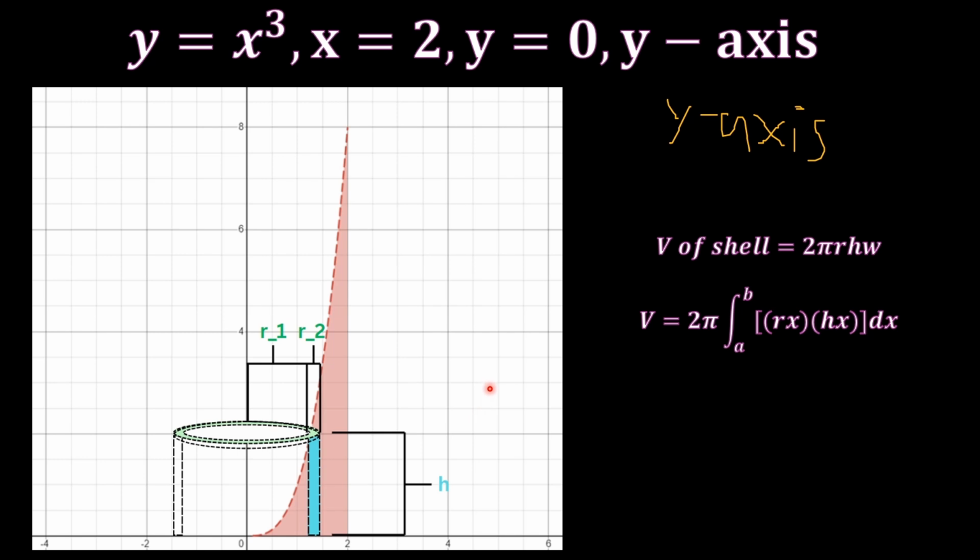So that's going to be pi outer radius squared h minus pi inner radius squared h. If you factor that and solve it so that these r's are averaged, you get the average of the radii, and essentially you get this little formula: 2 pi r h w.